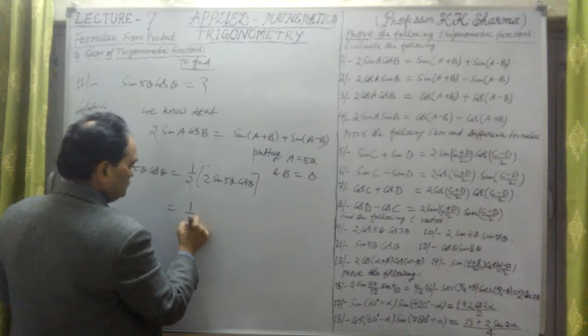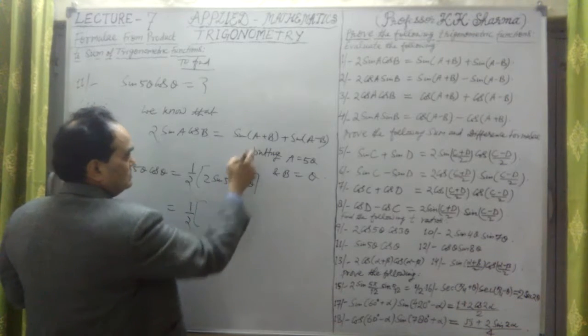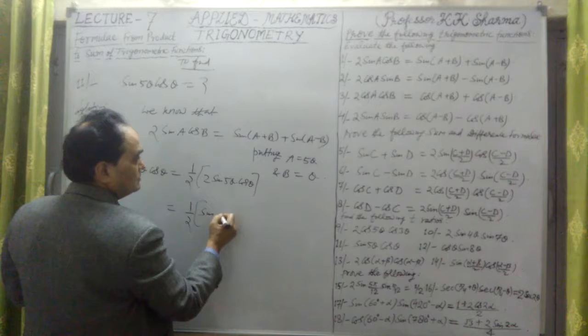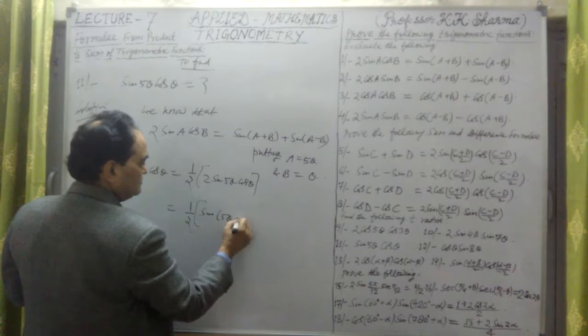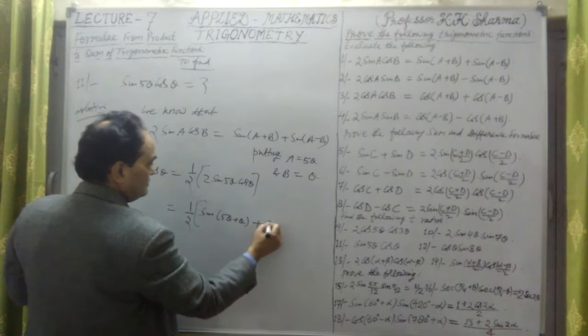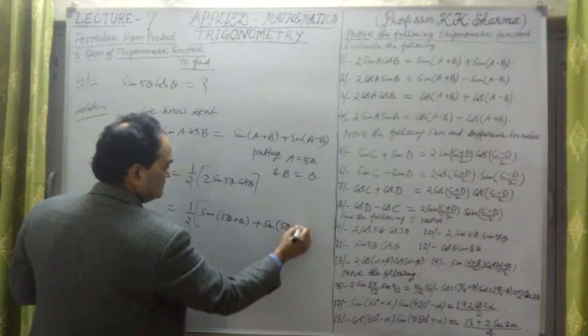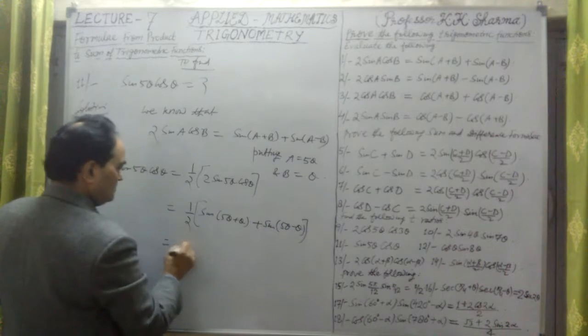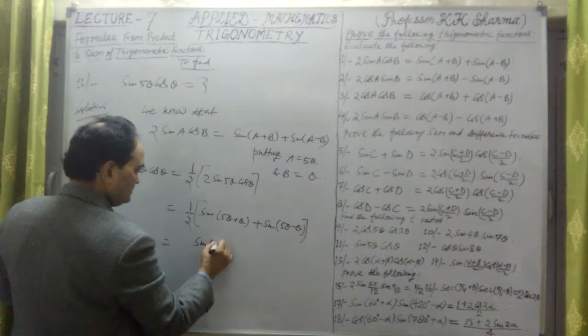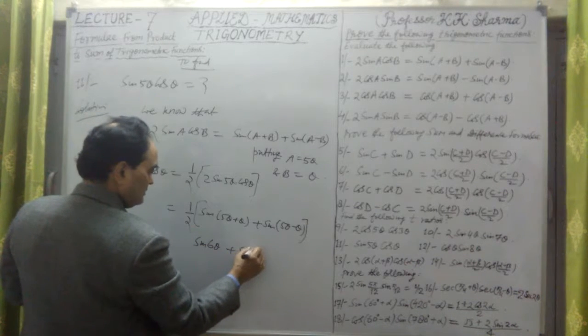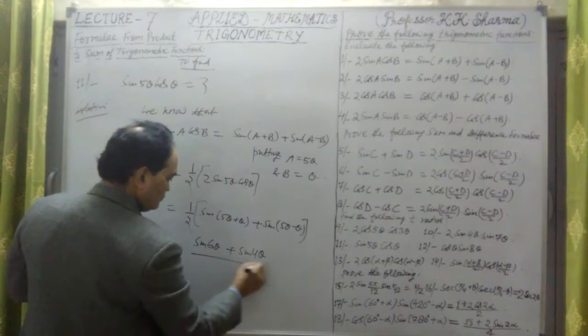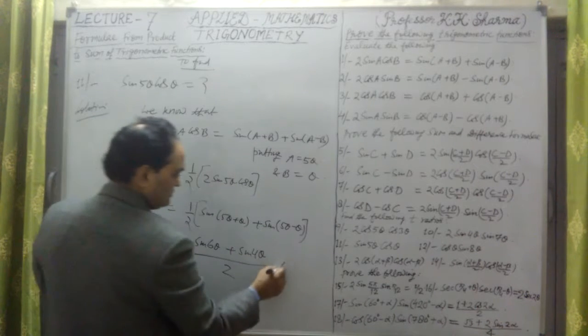That will give us 1 by 2 in bracket, sin A plus B, which is 5 theta plus theta, plus sin A minus B, 5 theta minus theta. This gives us sin 6 theta plus sin 4 theta, upon 2.